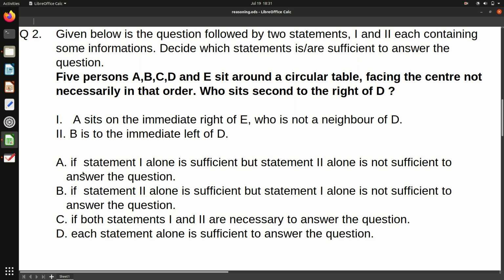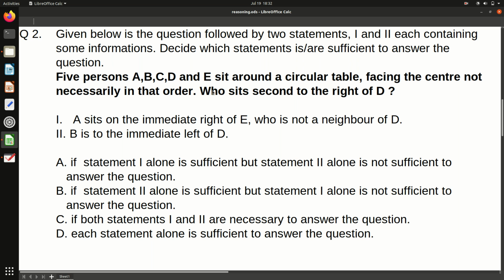Okay, so the question given below is followed by 2 statements, 1 and 2, each containing some information. Decide which statement is sufficient to answer the question. So let me make you understand what this type of question means.